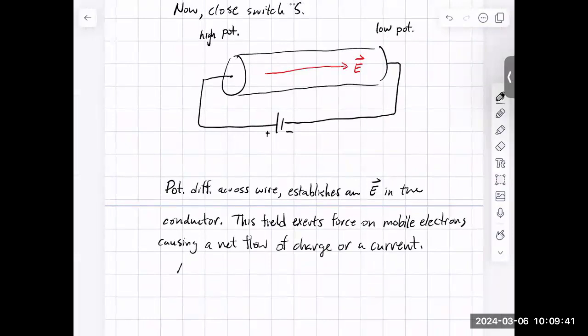Okay, and so this is a non-equilibrium situation.